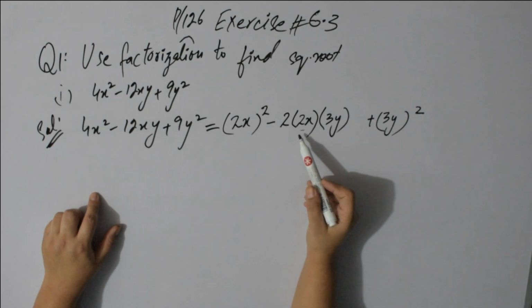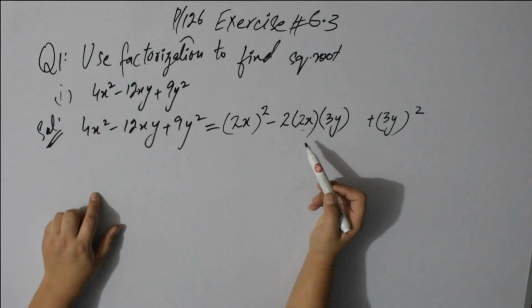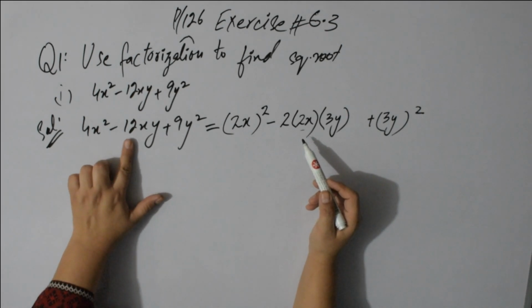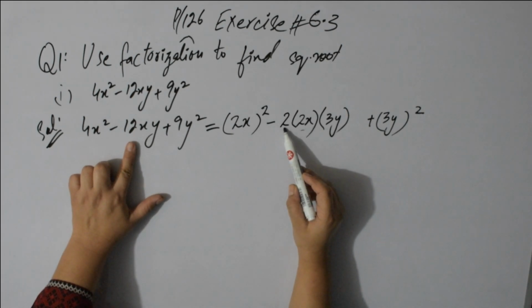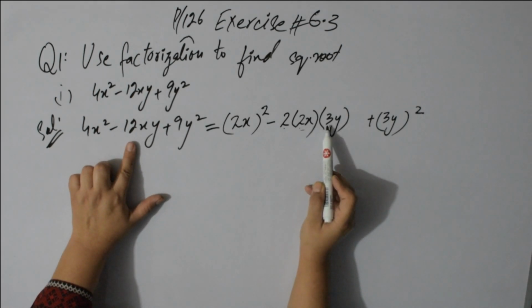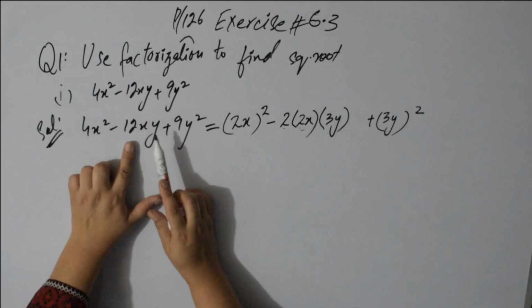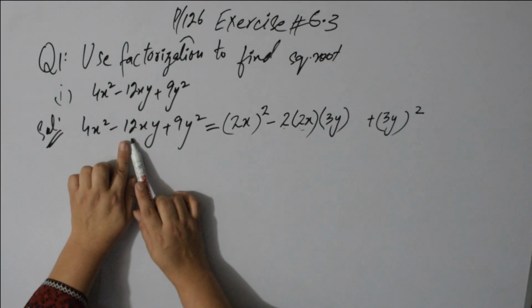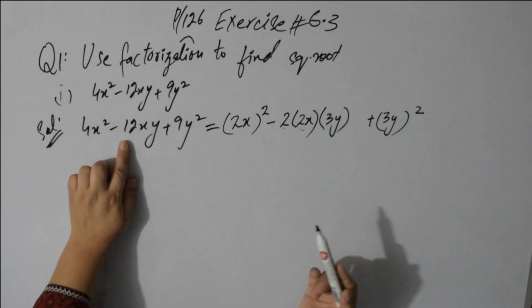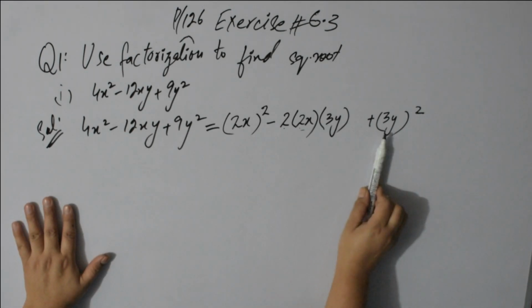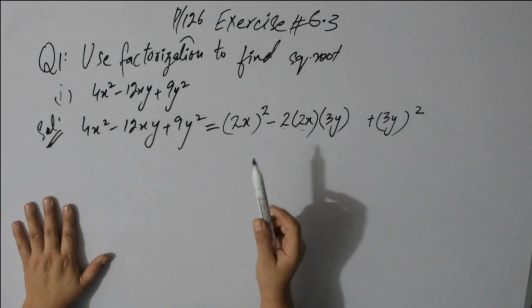Now I am going to multiply to check whether it is the same as the middle term of the given expression. 2 times 2 is 4, 4 3s are 12xy. When I multiply, I see yes, it is equal to 12xy. So my standard form is correct.